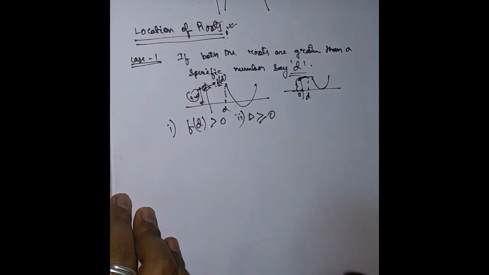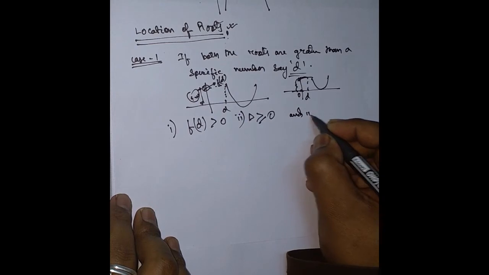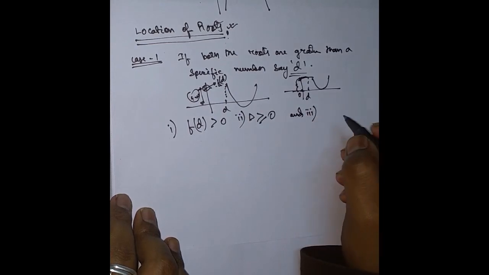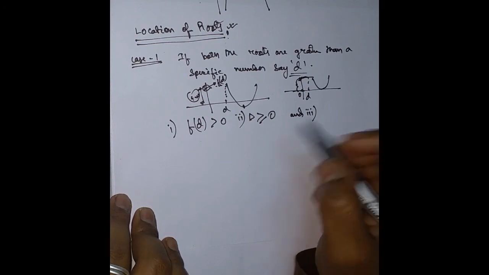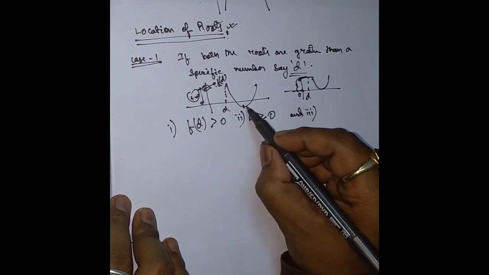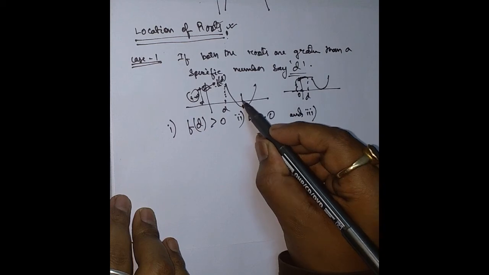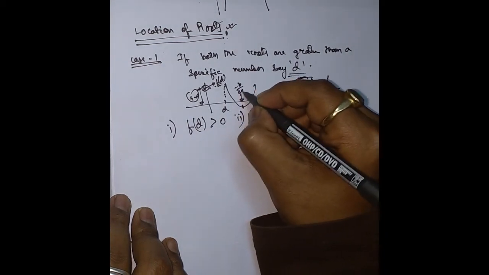Alright, that is condition number 2. And last but not the least condition, here is the base. What is the value of x at the base? Minus b by 2a.